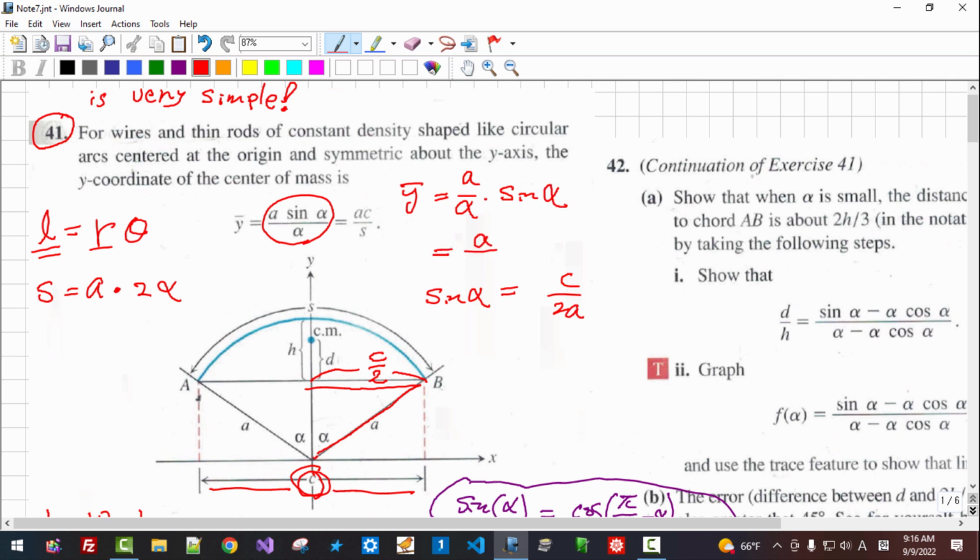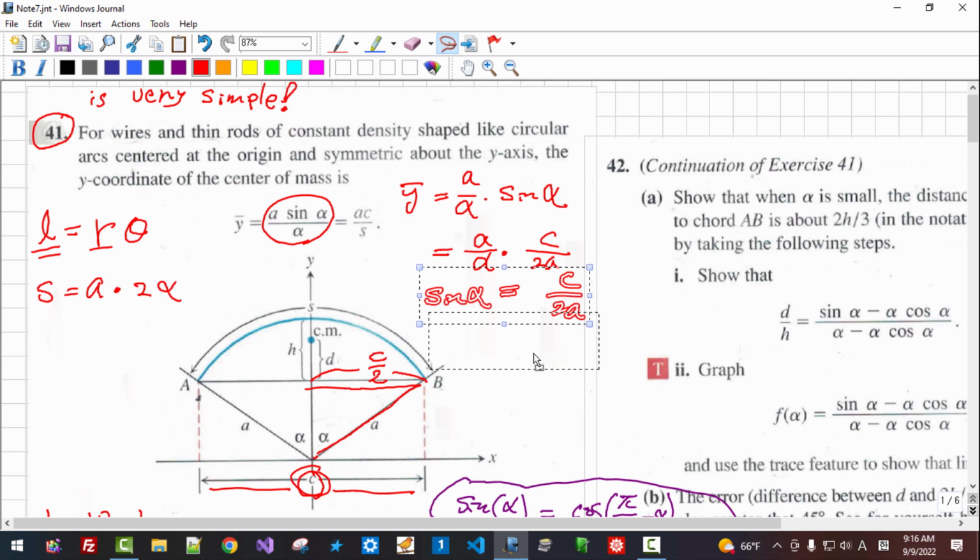Then A over alpha times C over 2A. I will move it down.